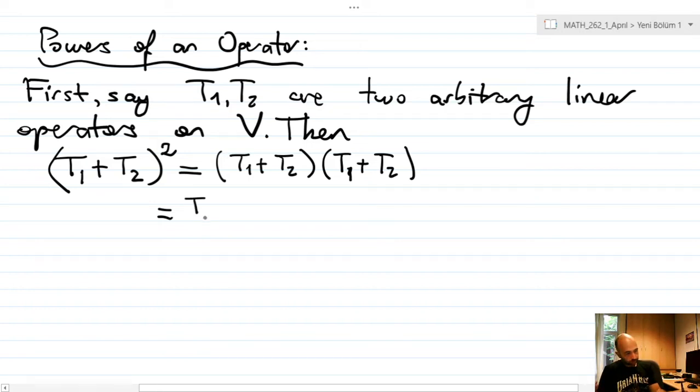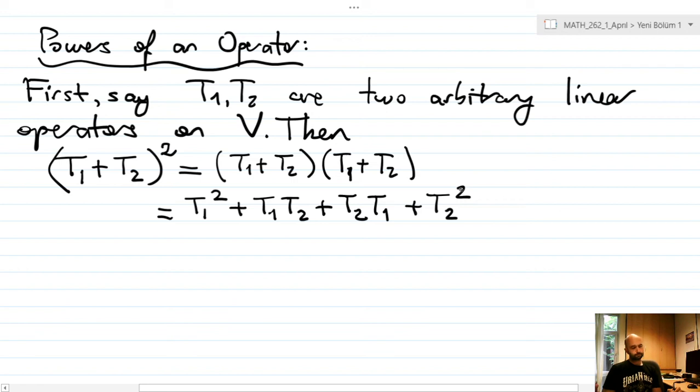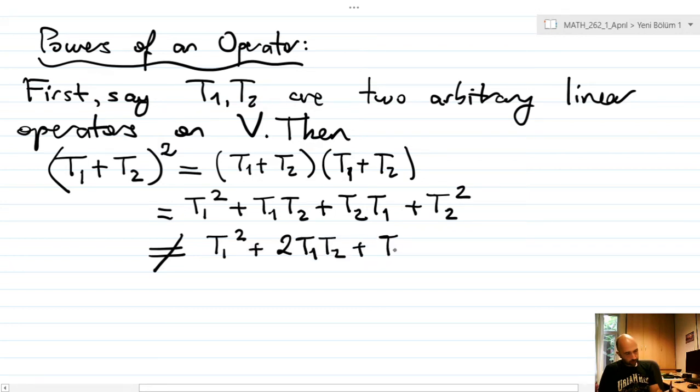That would give you T1 squared plus T1 T2 plus T2 T1 plus T2 squared, which is not quite the same as T1 squared plus 2 T1 T2 plus T2 squared, at least in general.